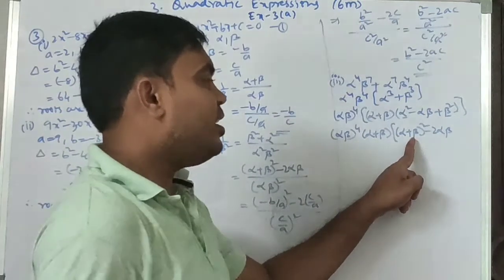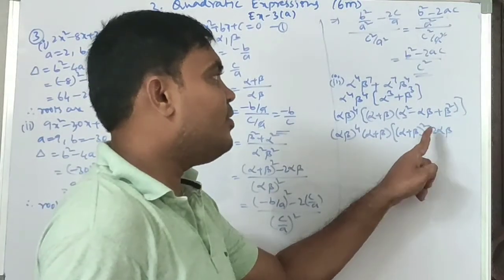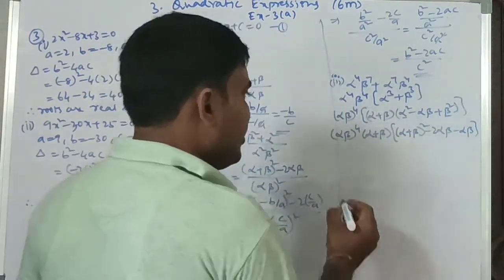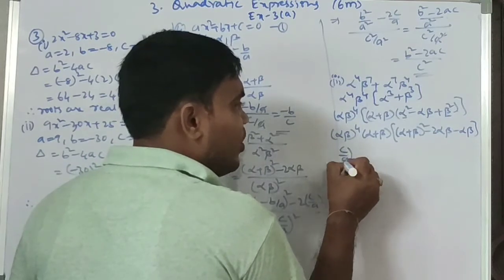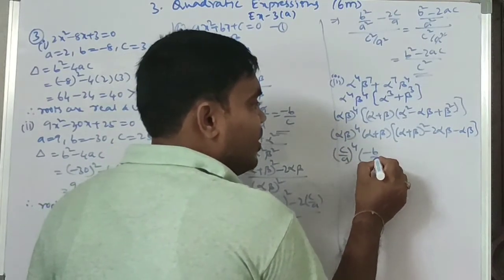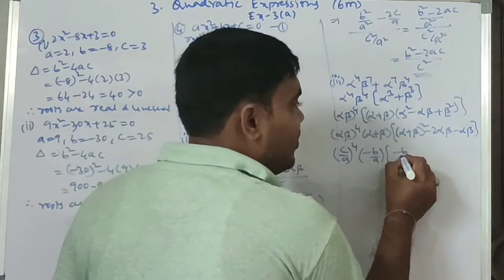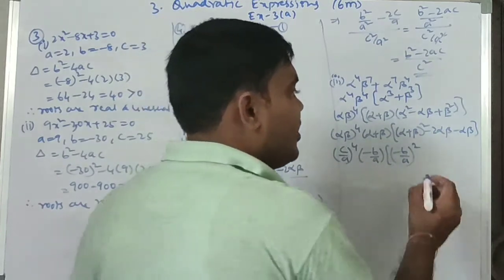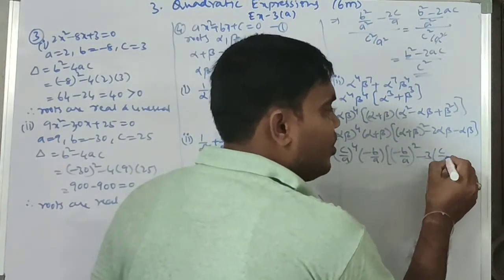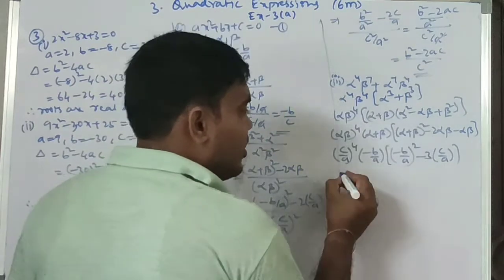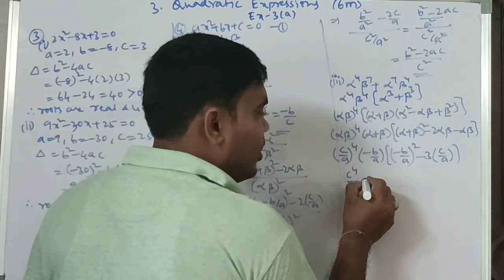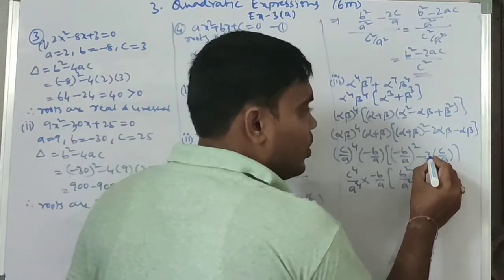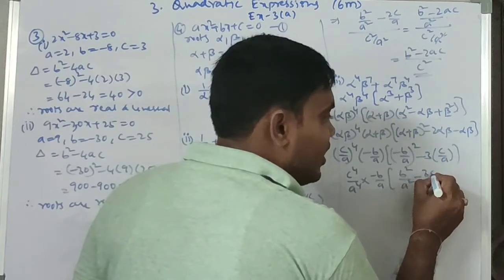Alpha square plus beta square plus 2 alpha beta cancel, we are getting alpha square plus beta square minus alpha beta. Next, alpha beta equal to c by a, whole power 4, alpha plus beta minus b by a, so alpha plus beta minus b by a whole square. So minus 2 alpha beta minus 3 alpha beta equal to c by a. Next, c power 4 by a power 4 into minus b by a, b square by a square into minus 3c by a.